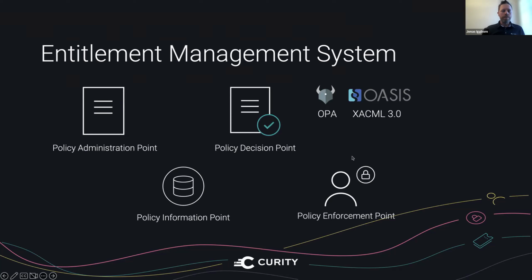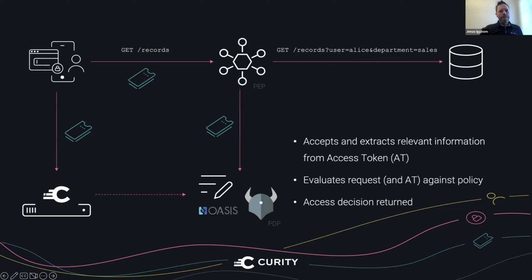I threw in some of the frameworks or standards here, but the more common ones used for this would probably be XACML, and Open Policy Agent has gained a lot of traction the last few years. So this changes the flow, not entirely, but slightly. The issuing of the token could, in that step, make a call out to an EMS PDP to determine what claims I am allowed to issue in this token.